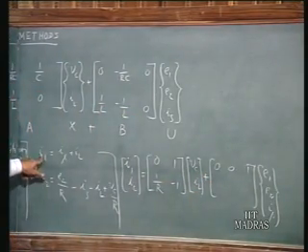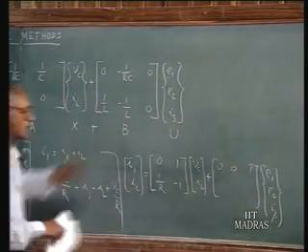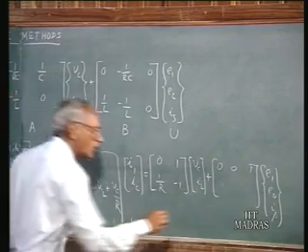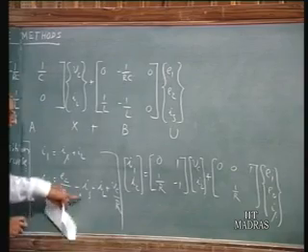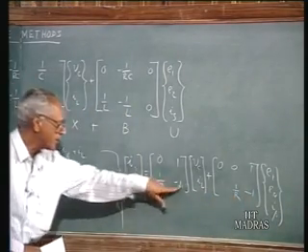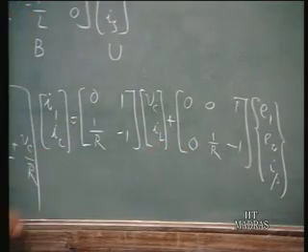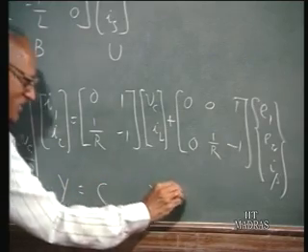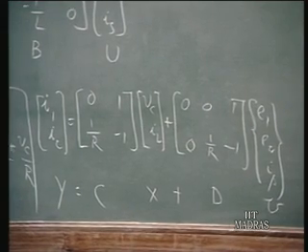You see I1 equals IS plus IL. So other entries will be 0, and I2 equals E2 by R minus IS, therefore I have a minus 1 sign here, minus IL plus VC by R, that has already been completed. So the second equation represents Y equals CX plus DU. That is the standard form of the equation, Y equals CX plus DU.